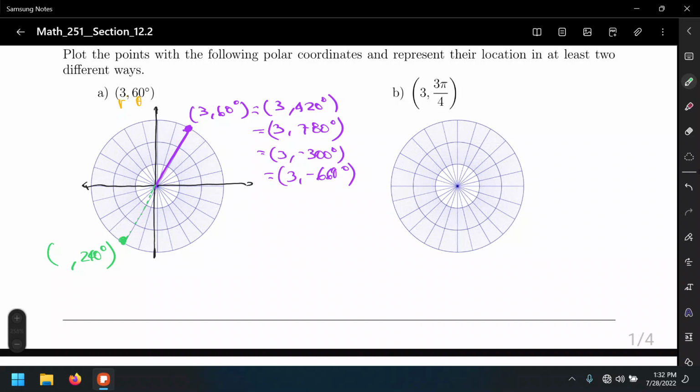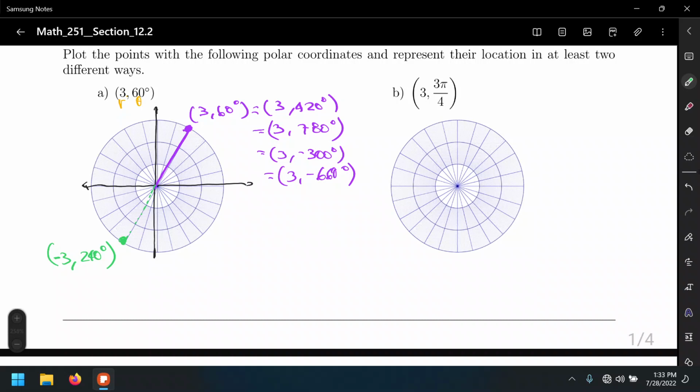However, what's the difference? The difference is that this point in green is in the opposite direction as the point in purple. Well, to fix that, yes, it's still 3 units, but because it's in the opposite direction, we need to change it to negative.